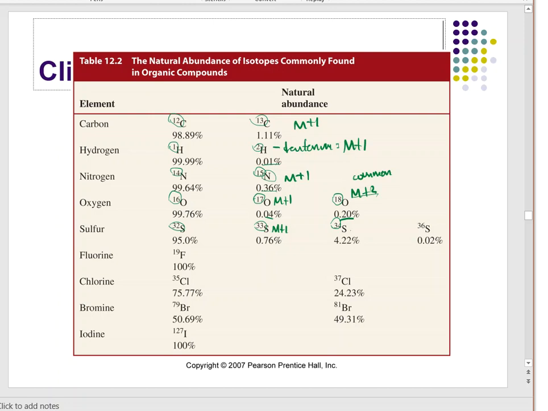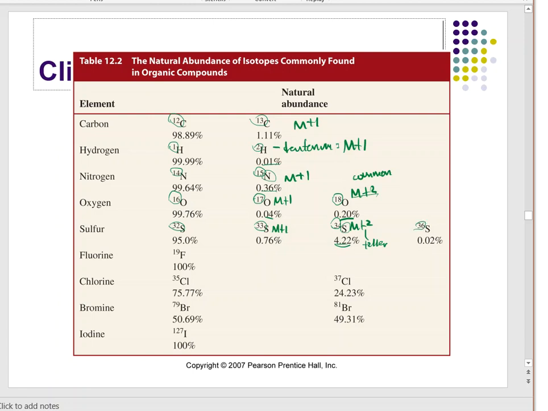Whoa. 32 to 34, that's an M+2 peak. Whoa, 4.22%. So if sulfur is present, I'm going to see it. That M+2 peak is going to be a little bit taller than normal because the percentage of it is much higher.